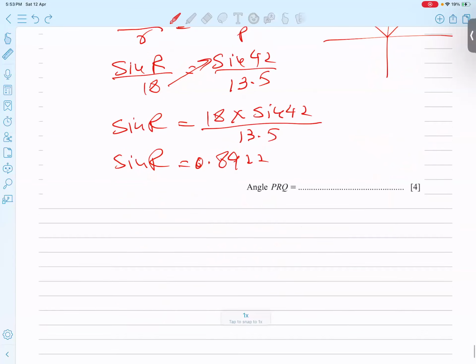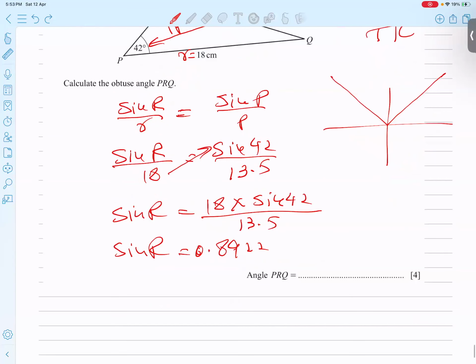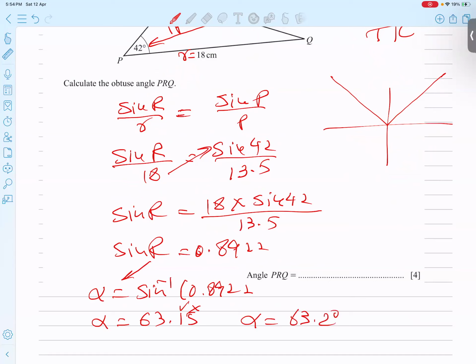Start from the beginning now. Okay, student, as you know, sine is positive, so I will take sine inverse. So this I will take as alpha, and sine inverse of 0.8922. When I take sine inverse of 0.8922, I'm getting alpha equal to 63.15. But I don't want that, so this becomes 63.2 degree.